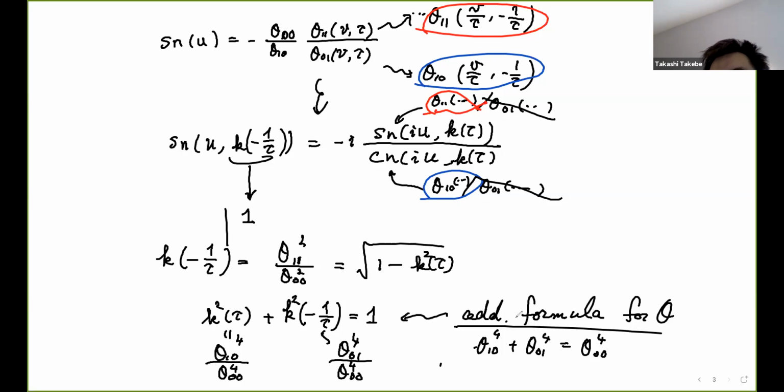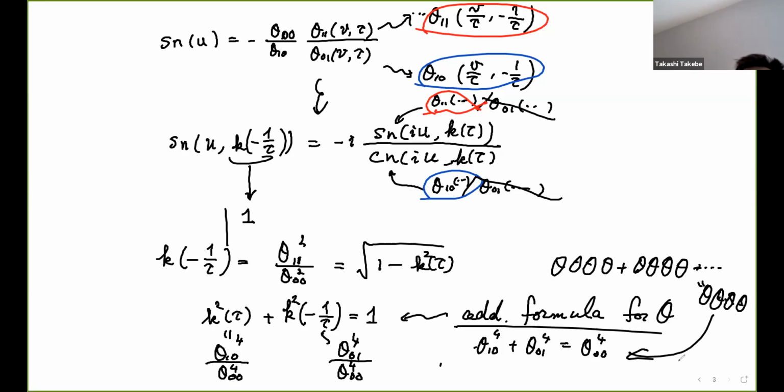So as you remember, the addition formula has special forms. A sum of products of 4 thetas is equal to a product of 4 thetas. And some specialization gives you this one.